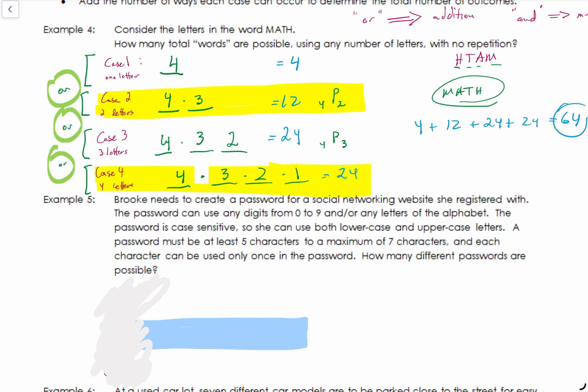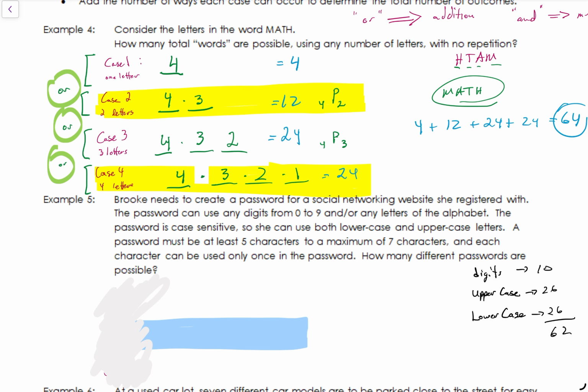We have digits, uppercase, and lowercase. Digits, there are 10 of them. Uppercase, there's 26. And lowercase, there's another 26. Maybe no special characters. So there are 62 possible different characters that I could use.